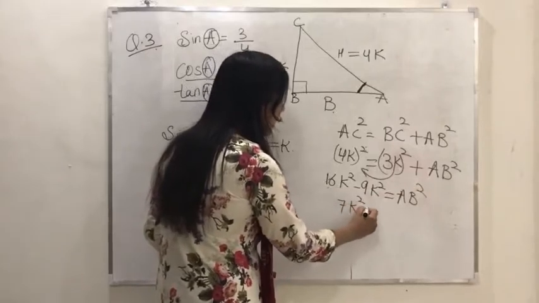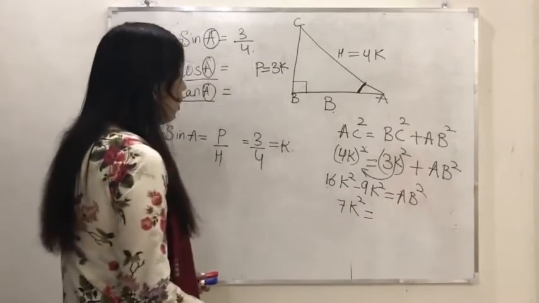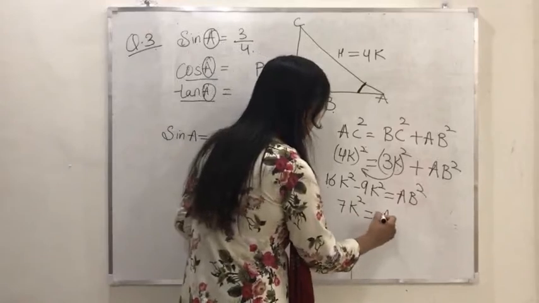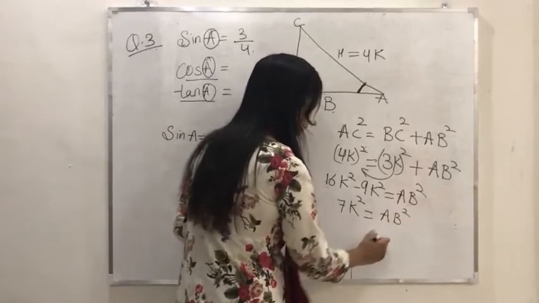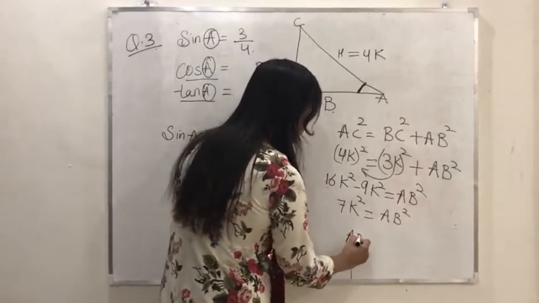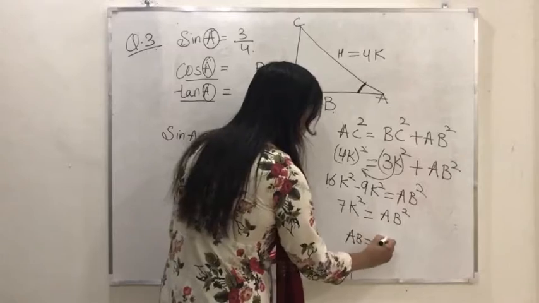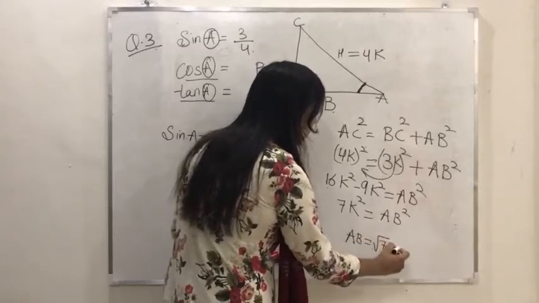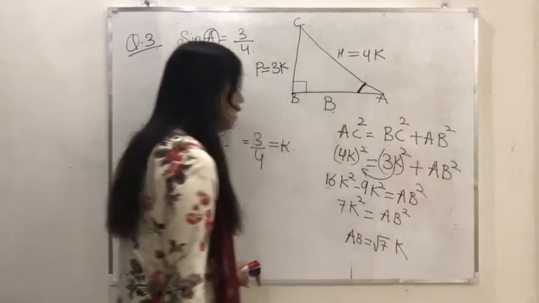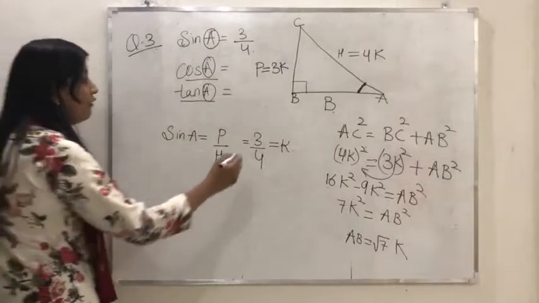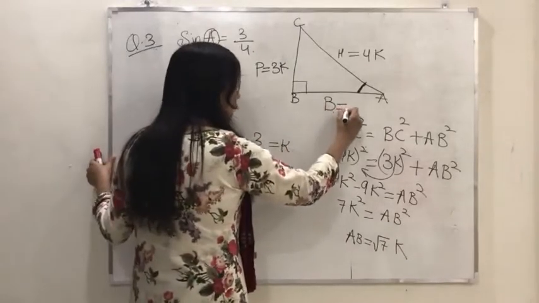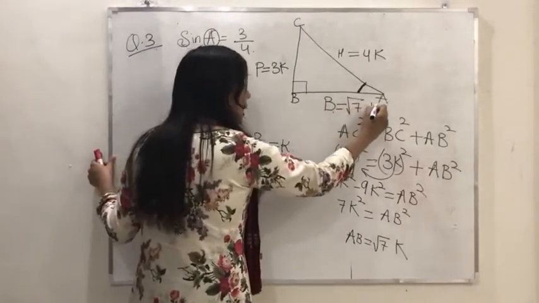So 7k square is equal to AB square. So your AB will be root of 7, and k square will come out of the root, so it will become k. So my value of AB, that is my base, is root of 7k.